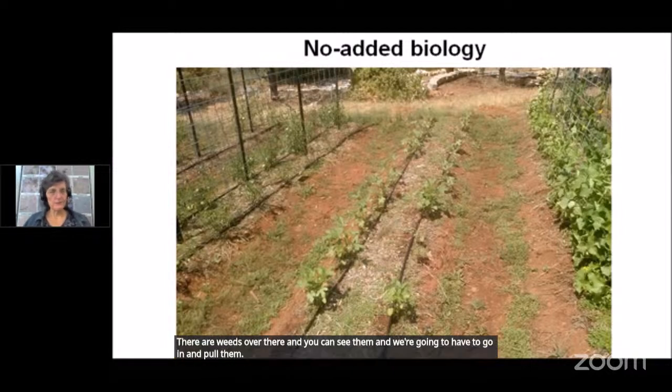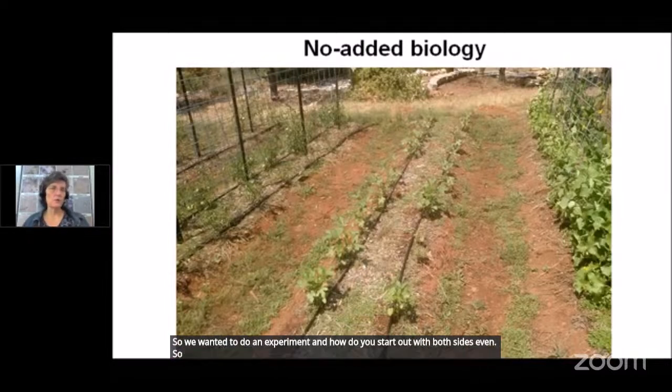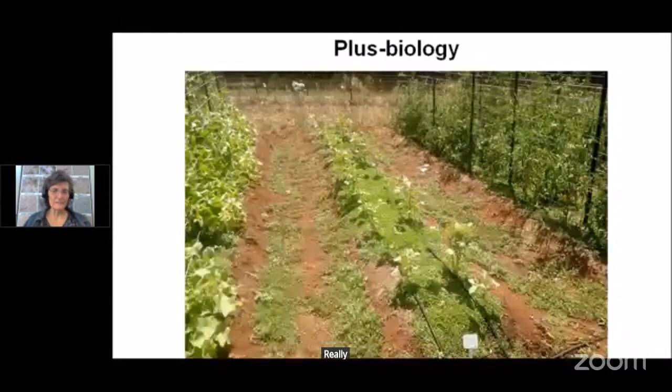So we wanted to do an experiment, and how do you start out with both sides even? So we would go into these rows and we would weed absolutely everything that we could find on both sides. No weeds left after we weeded really intensively.